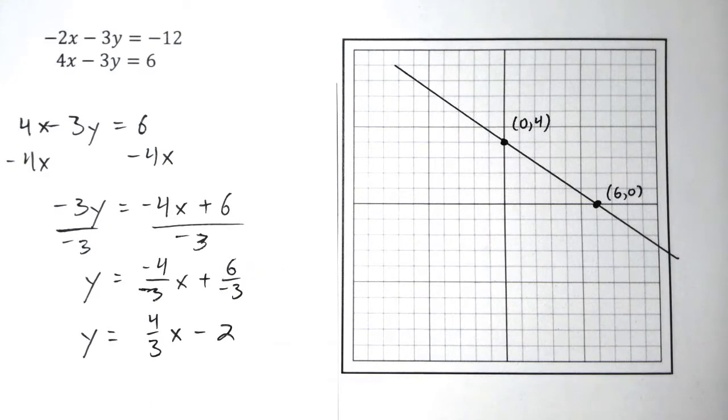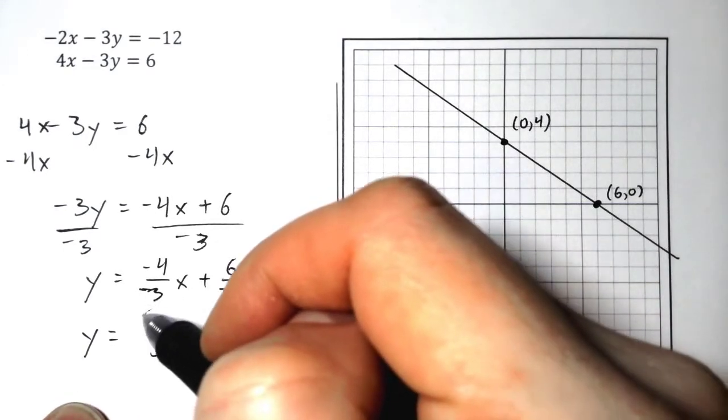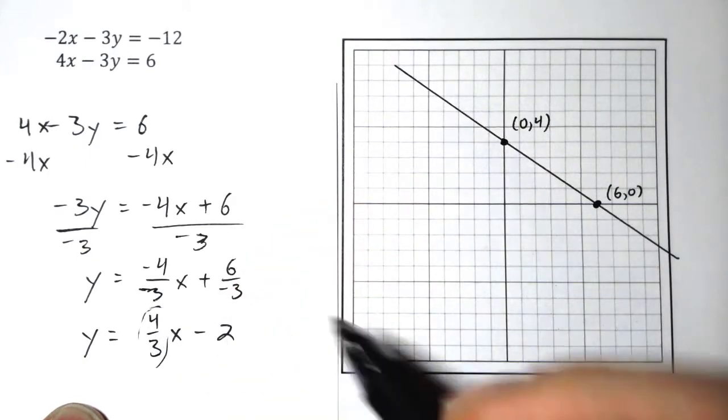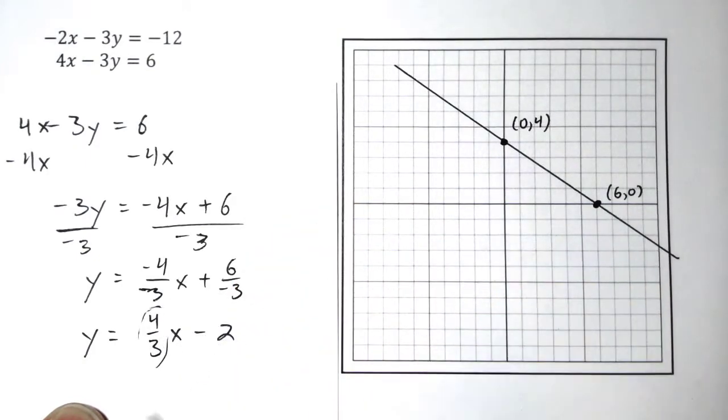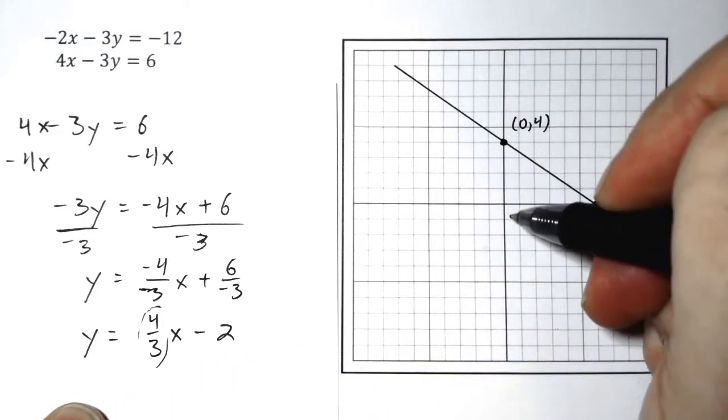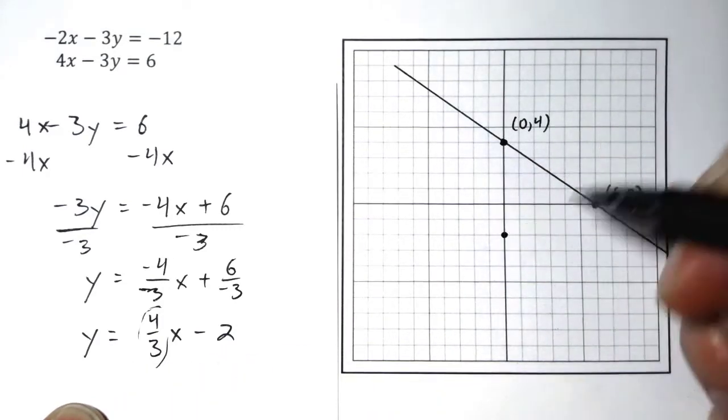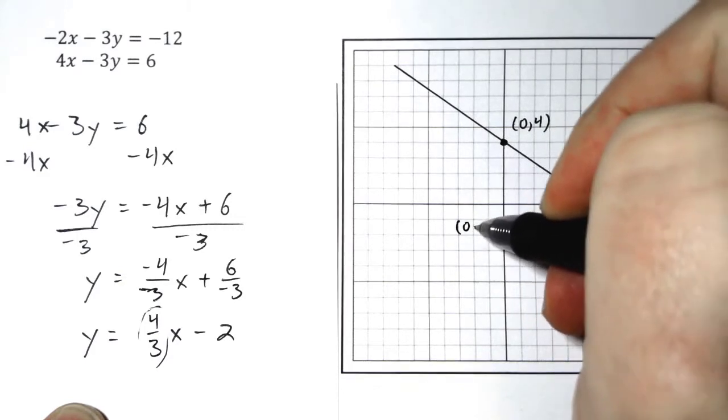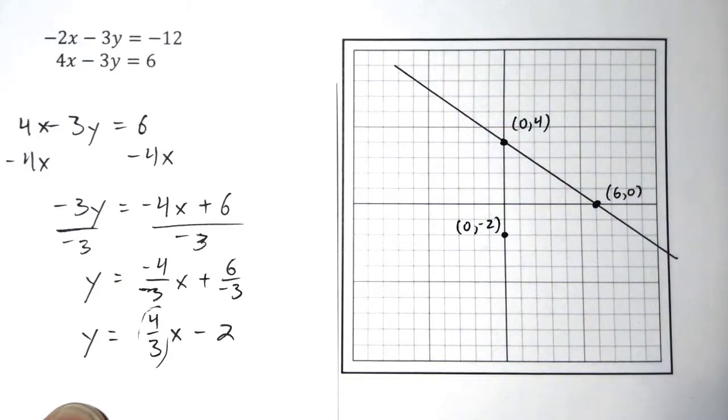Okay, so I've written it in the form y equals mx plus b. This is my slope over here, and this is my y-intercept over here. Well, the y-intercept is -2. So it's right here. It's actually the point (0, -2). And my slope is 4/3.